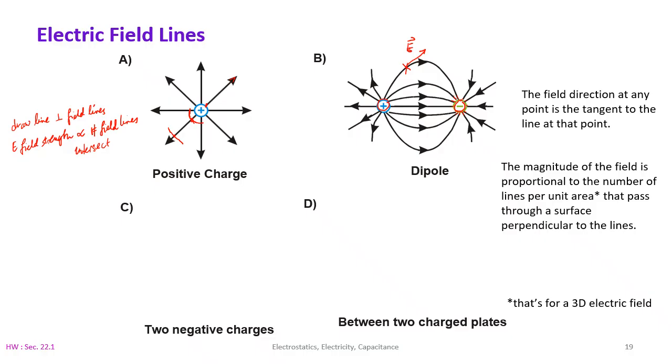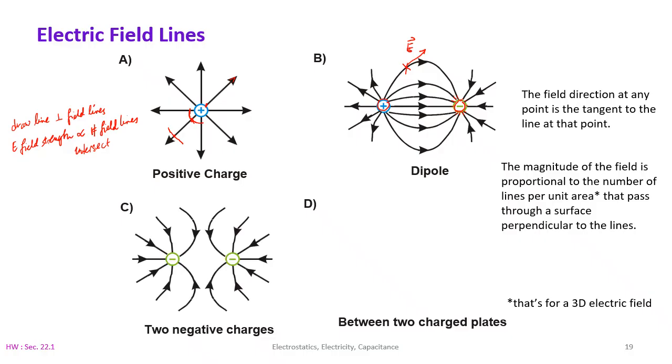Let's have another look at a pair of negative charges. Again, you can draw a tangent to the line at some point. For example, here we might be interested, what's the electric field direction at that point? And we'll just draw a tangent like that, and that gives us the direction of the electric field.